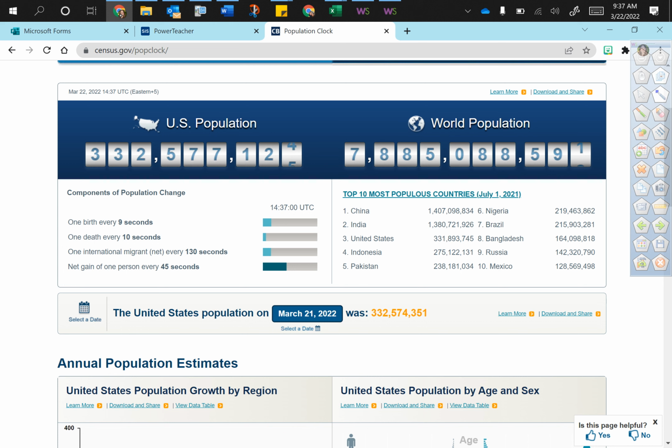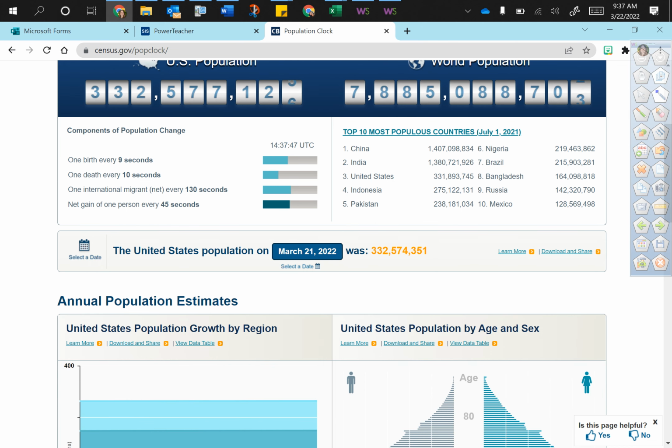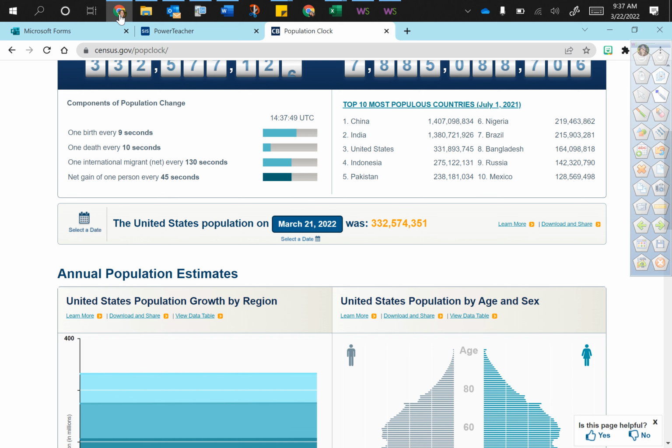Okay? Now, they also have interesting things like the top 10 most populous countries as of July 2021. Notice China's number 1, the United States is down here at number 3. And then if you want a date, we could go back to whenever they started the census. It can tell you whatever date, how many people were in the United States.